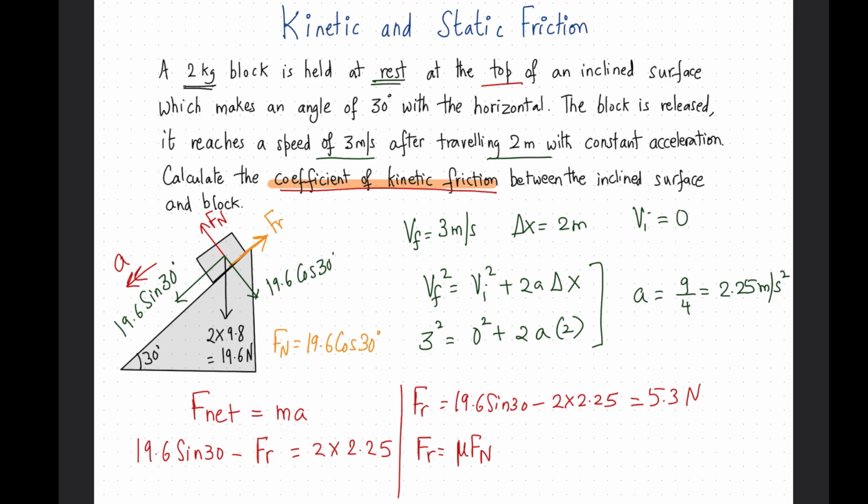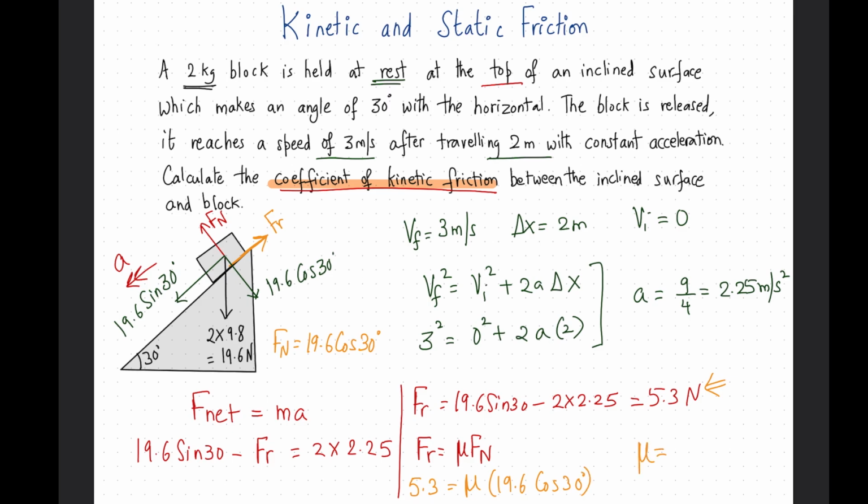Why? Because the object is not moving up and down perpendicular to the plane. So the net force perpendicular to the plane should be equal to 0. I can use this in this equation. So I know Fr is already 5.3. Mu is what we want to find. Fn is 19.6 cosine 30. And we can use this to find the value for mu.